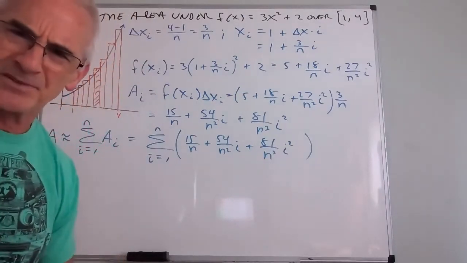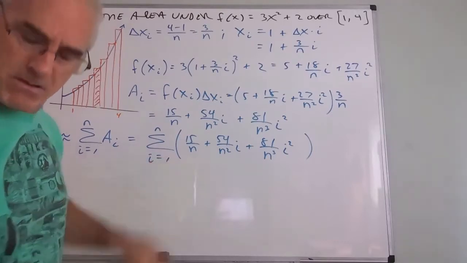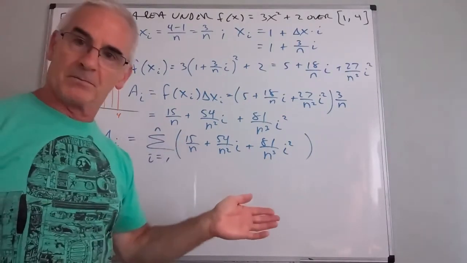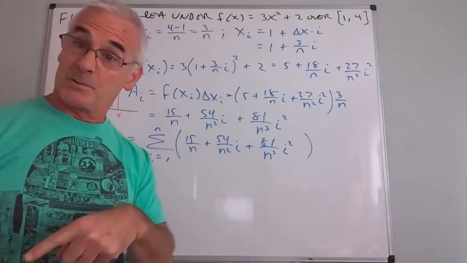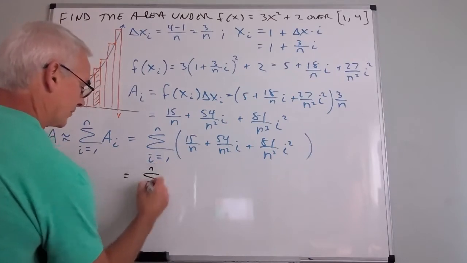Well, how the heck am I supposed to do this? Well, n is a constant. And didn't we just prove a moment ago that the summation of a sum is the sum of the individual summations? So we just proved a little while ago that I can first do this.